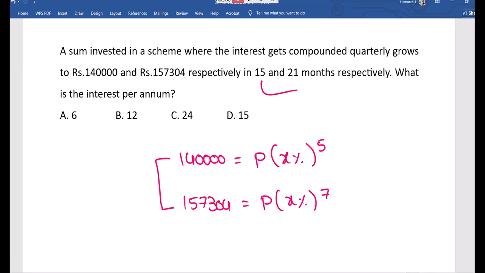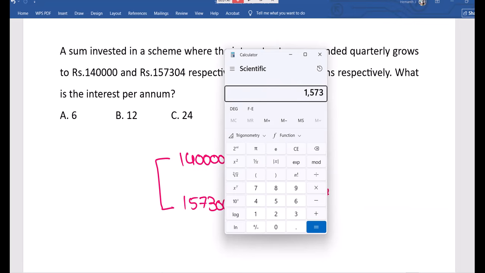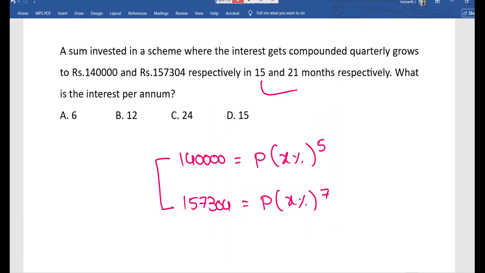But when you divide 1,57,304 with 1,40,000, we got 1.1236. This is 106% whole square. So the rate of interest is 6. Complete.